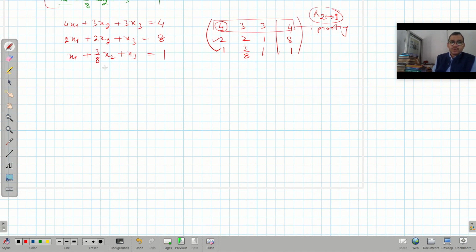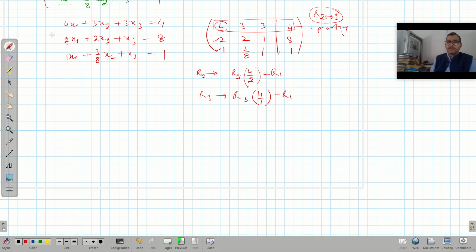To do this, R2 is operated using R2 multiplied by 4 by 2, this is 4 and this is 2, minus R1, and similarly R3 is also operated using R3 multiplied by 4 by 1, the 1 is here and this 4 is here, minus R1. So let us apply this operation.